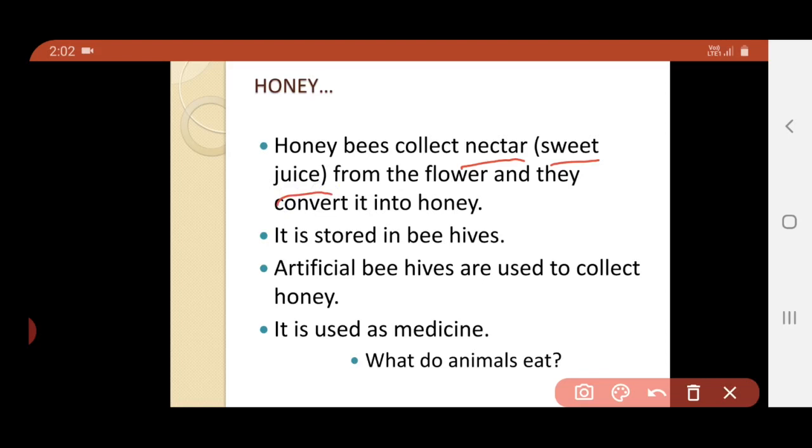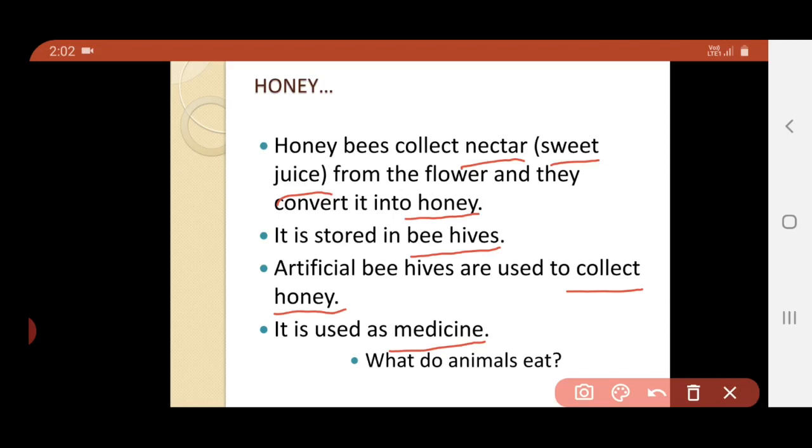The honeybees' work is to collect the nectar, that is the sweet juice from the flower, and convert it into honey and store it in the beehives. Artificial beehives are used to collect the honey. And an interesting thing, it is used as a medicine too. Honey plays a role as medicine.